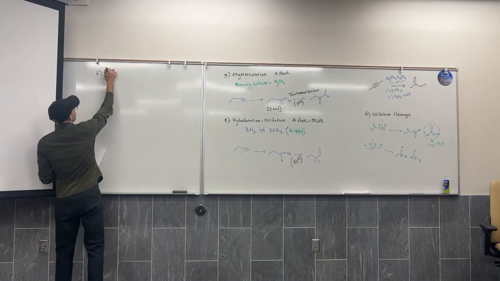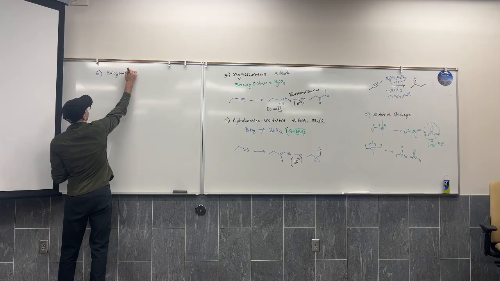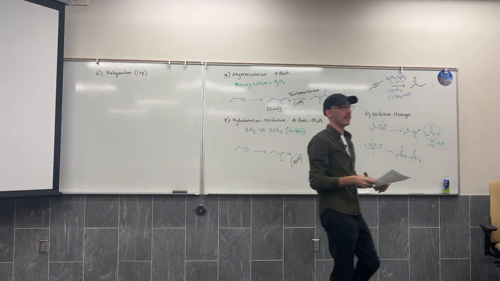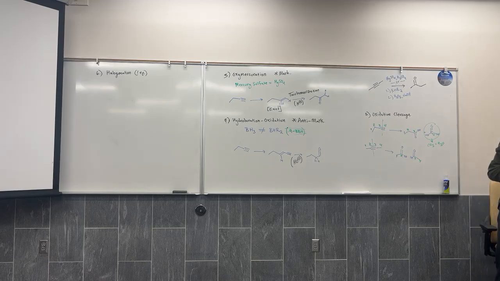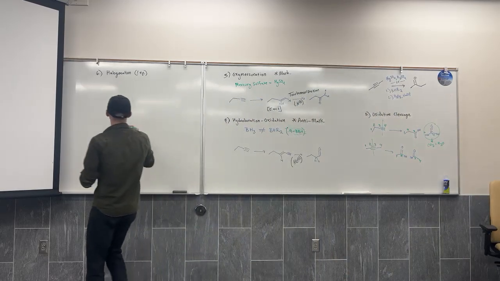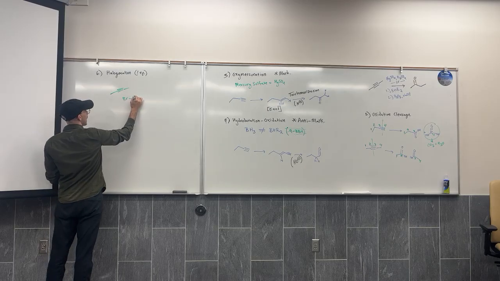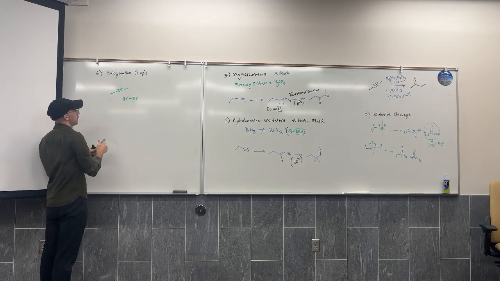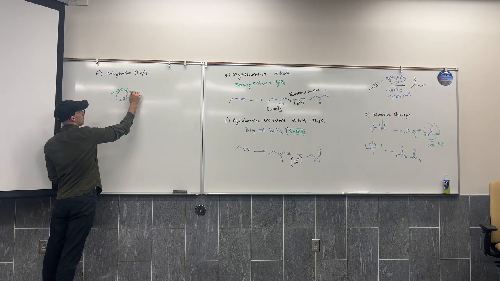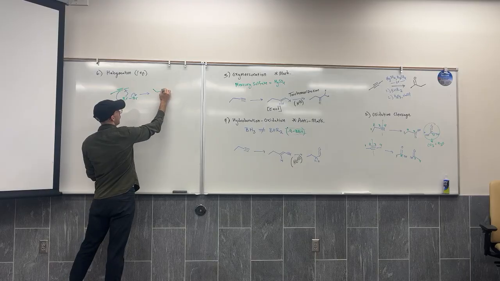First, halogenation, 1 equivalent. You know this mechanism. You showed it on the unit test. We did it in class last week. It's the same thing that happened with the alkene. The alkyne attacks bromine, bromine attacks back and kicks off this bromide.